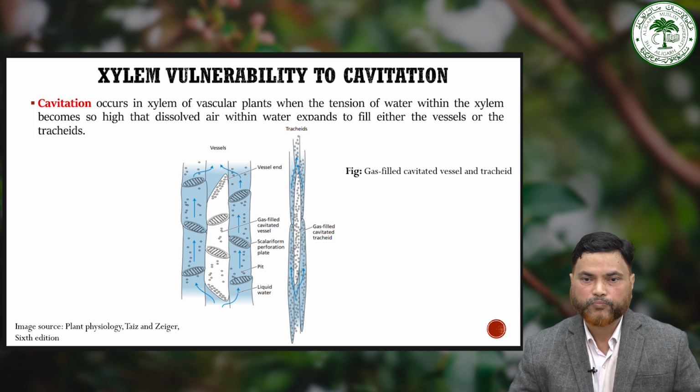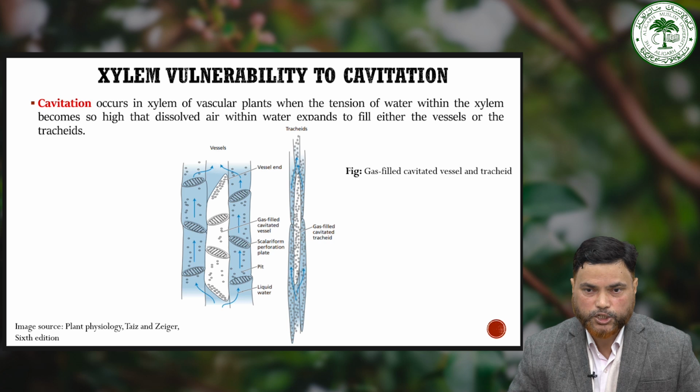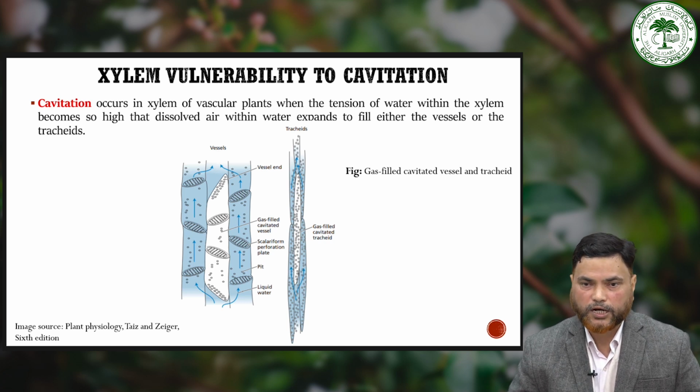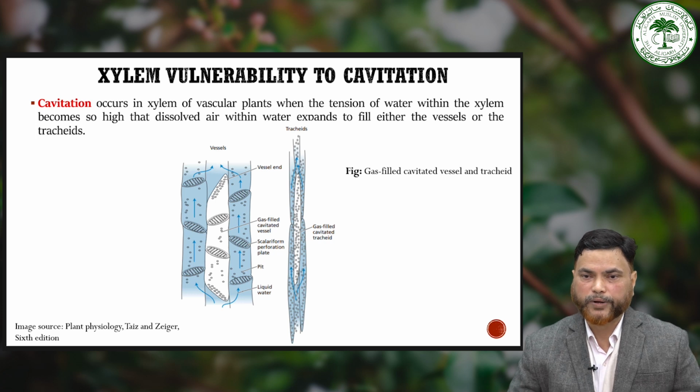What happens is that when the xylem is under frozen condition and under tension, it has been observed that extensive embolism develops after melting of ice, as air bubbles are forced out of solution during freezing, which expand and nucleate cavitation.